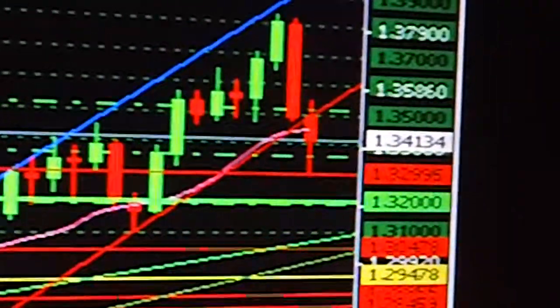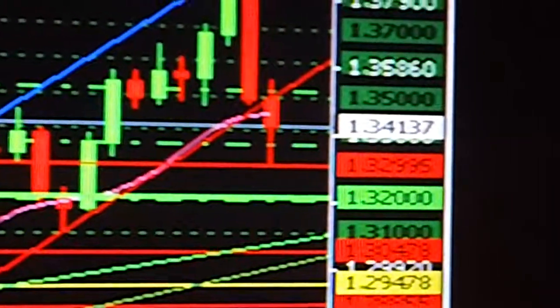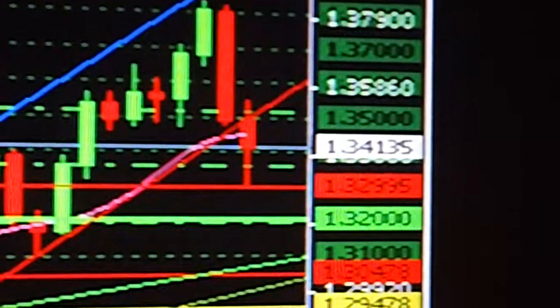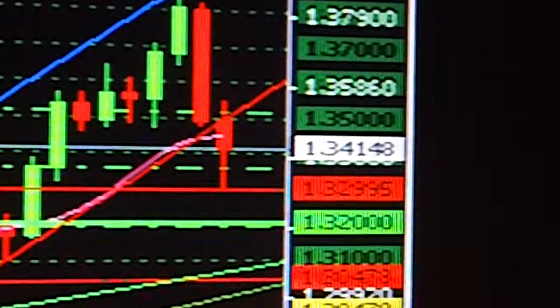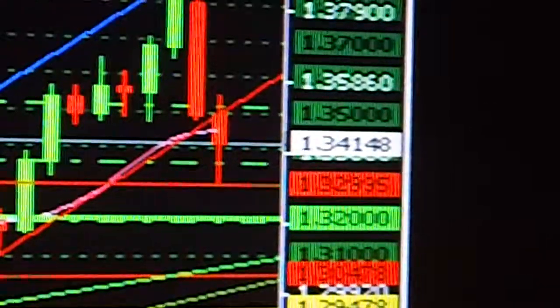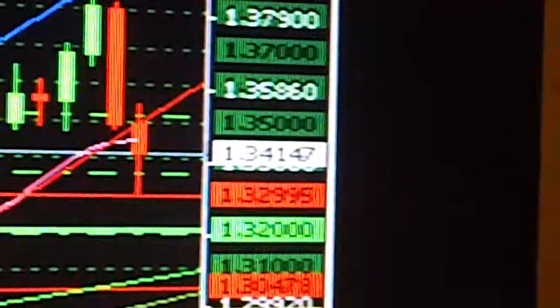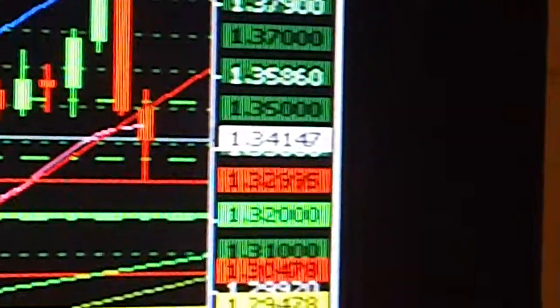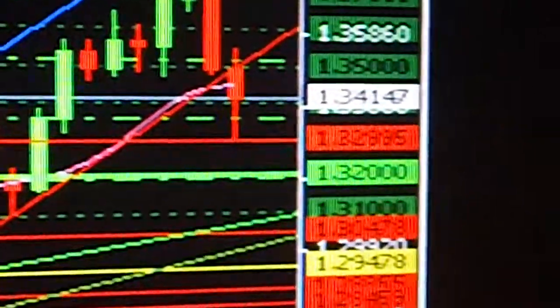Basically, in a nutshell, right now the current price is $1.3414.8. The numbers to the right of the decimal point represent what we're trading as pips, percentage in point.